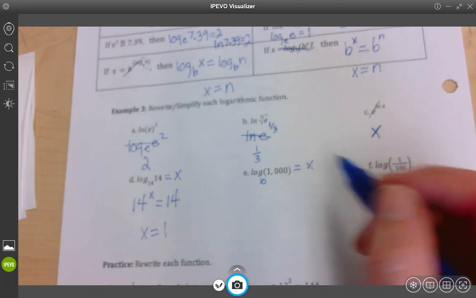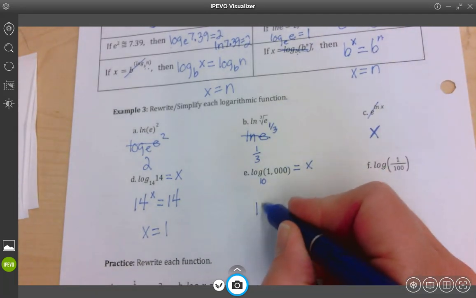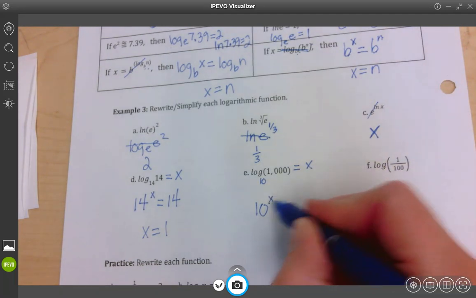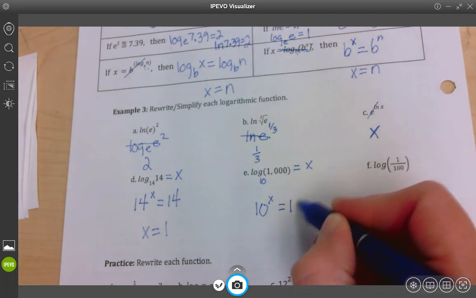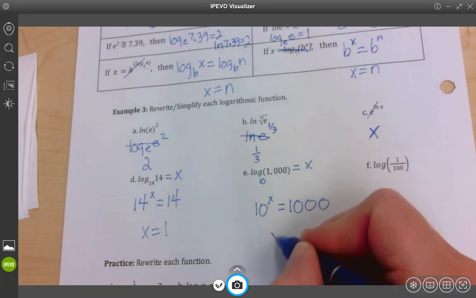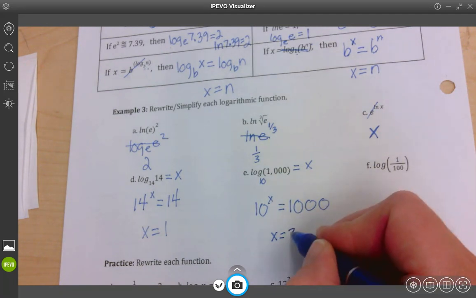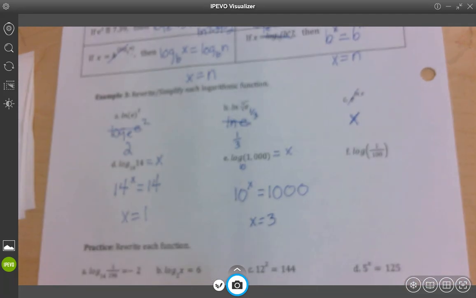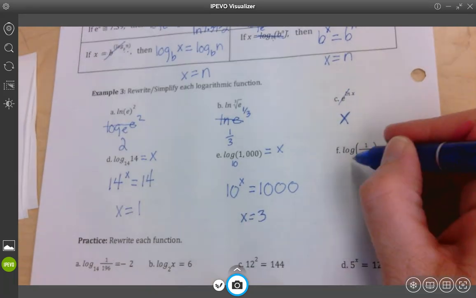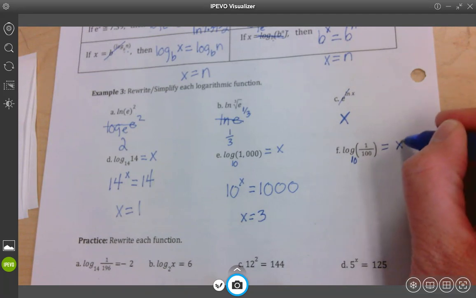All right, so the base is going to be what number? 10. The exponent? X. And the argument? 1,000. All right, and Taryn, what does x equal? Good. All right, so I'm going to do the same thing with this one. I'm going to put in that base of 10 and equals x.